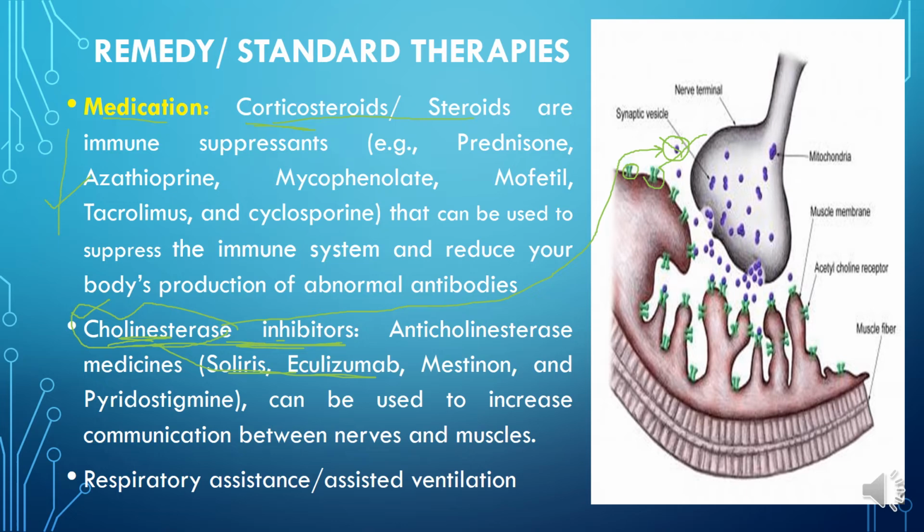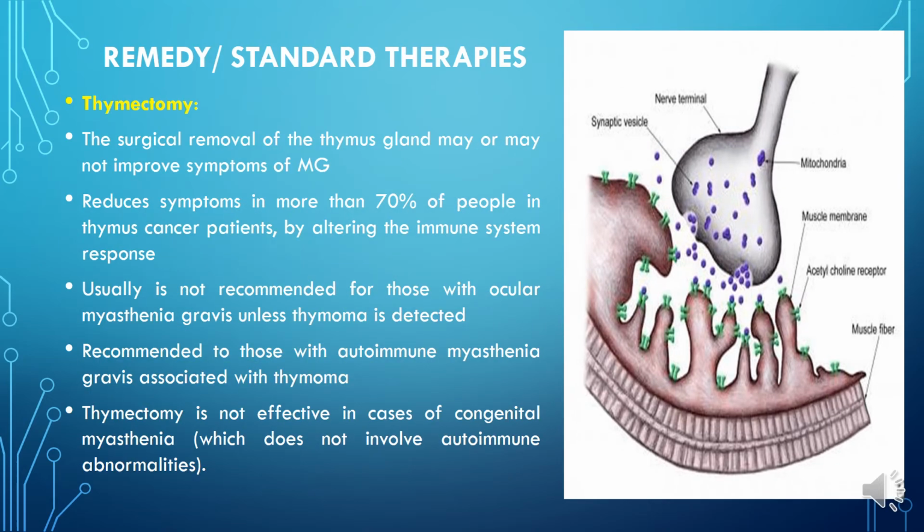So by inhibiting cholinesterase, we can increase the amount of acetylcholine in the synaptic junction and cause rapid transmission of the signal and contraction of the muscle.